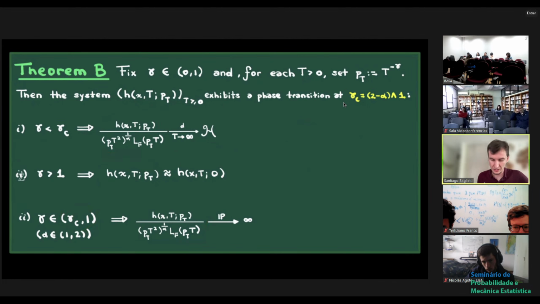So on this intermediate window of gammas, the system behaves differently. We still don't know if it behaves like random deposition or something else, but it doesn't behave like the fixed p case. It grows faster. Those are the two main results.